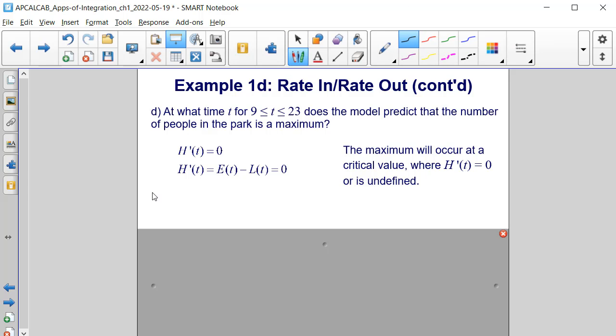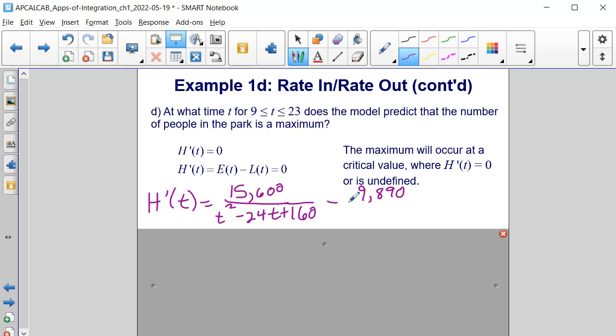So our h prime of t is equal to e of t, which is 15,600, divided by the polynomial t squared minus 24t plus 160, and then we're subtracting 9,890 divided by the polynomial t squared minus 38t plus 370.